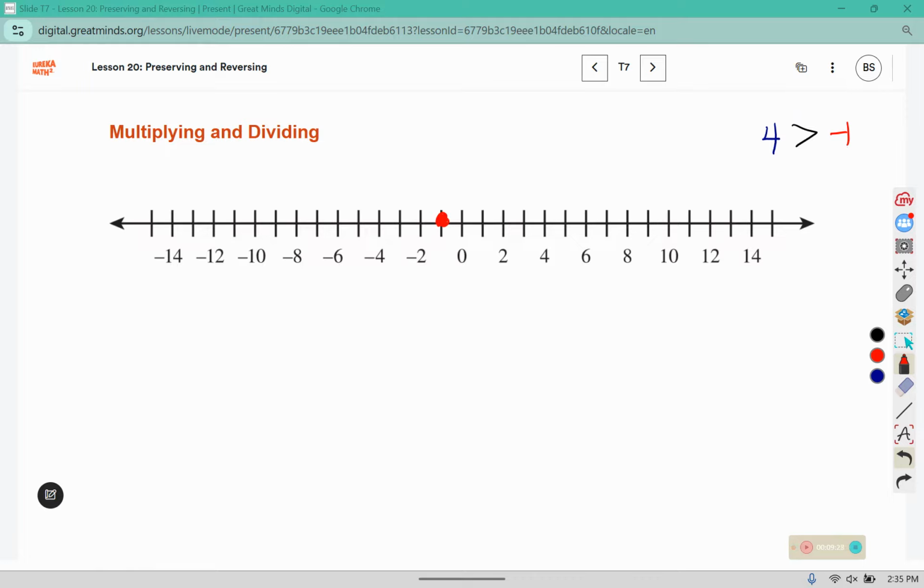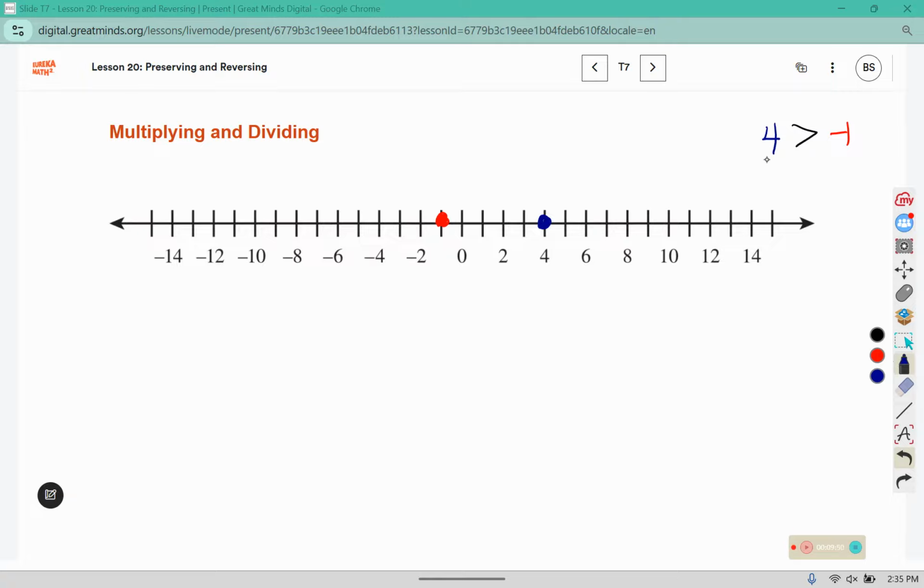Here's negative 1. Here is 4. We know 4 is bigger because it's to the right. So now we're going to multiply each side of the inequality by the same number to see whether it remains true. Let's multiply by 2.